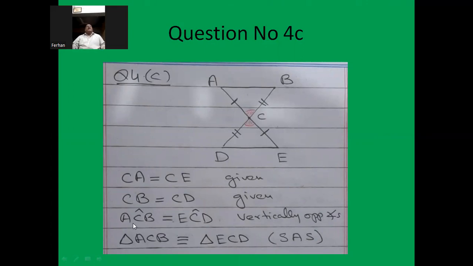The CB side and the CD side are both equal to each other, and it is also given. Angle ACB is equal to the angle ECD, and the reason is they are vertically opposite to each other. So we are talking about these two red angles. And so the triangle ACB is congruent to the triangle ECD. The reason is the side angle side postulate.